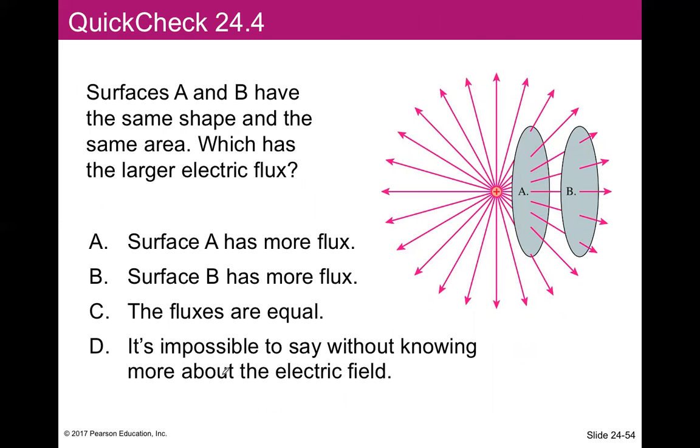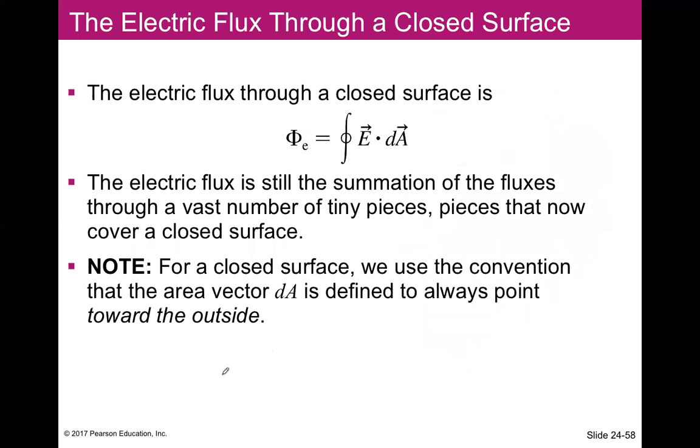When you do the integral of E dot dA for a closed surface, that's one side of your Gauss law equation. Okay, let's define electric flux through a closed surface to be a closed surface integral of E dot dA.